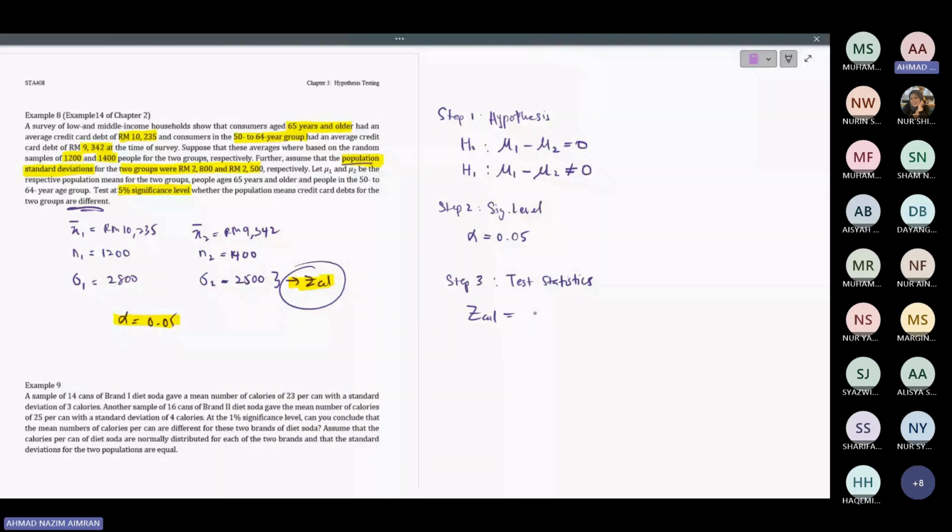If you don't remember the formula, our formula is x bar 1 minus x bar 2 minus mu1 minus mu2.